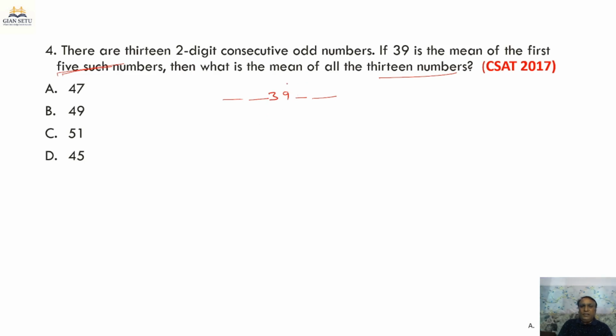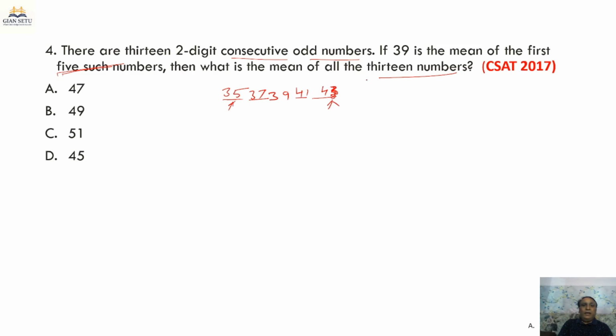Since these numbers are consecutive odd numbers, after 39 it will be 41, 43, and before 39 it will be 37 and 35. So first number is 35, fifth number is 43.